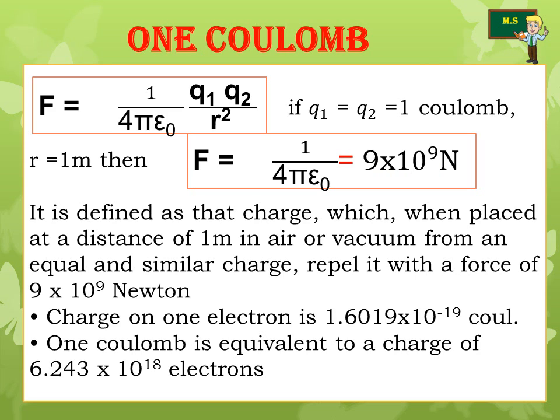Already we know the value of epsilon naught is 8.85 into 10 to the power minus 12 C square divided by N m square.